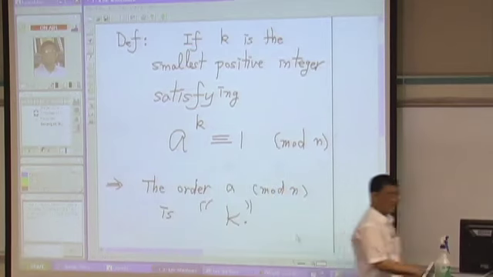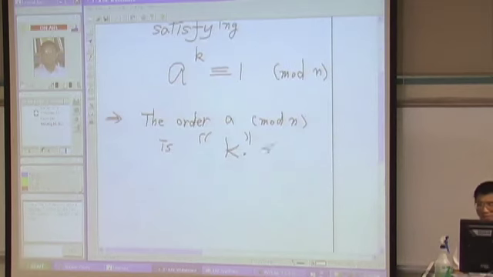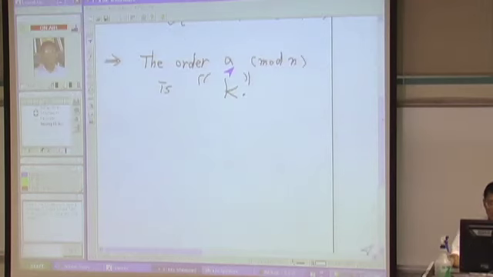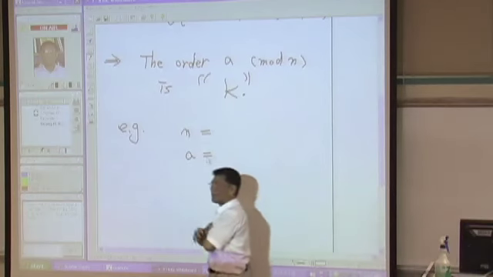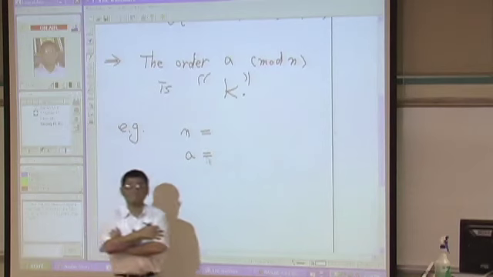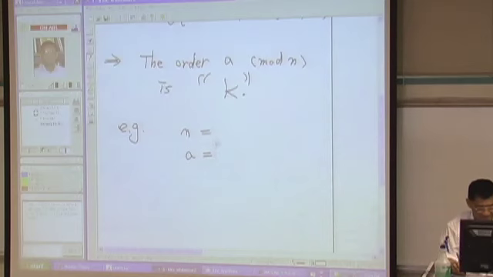So, to check it, you may pick two numbers. To consider order, we need two numbers, a and n: the modulus and a specific number. So please pick n and a. First pick n. What n do you pick? Pick any n. 65 was chosen.